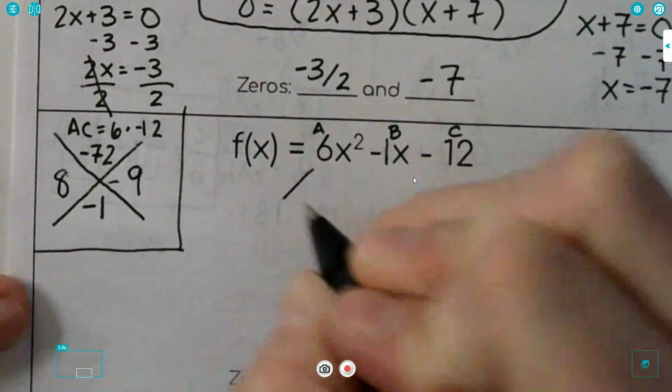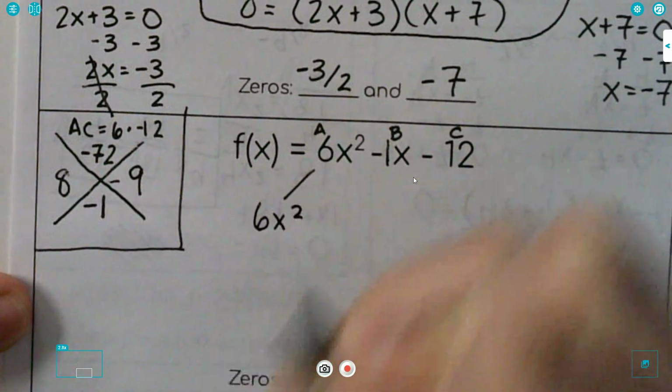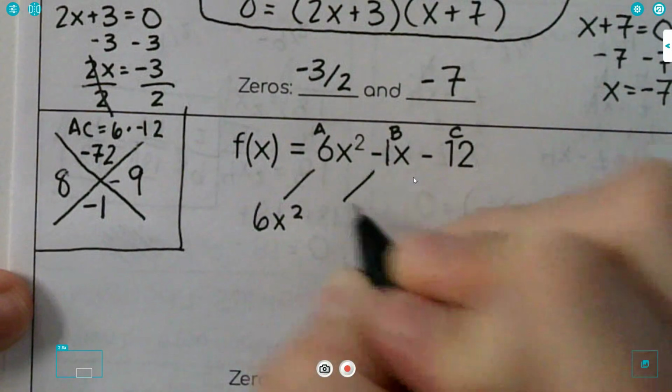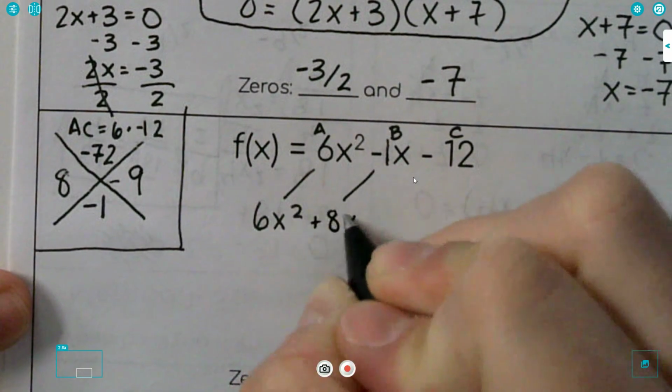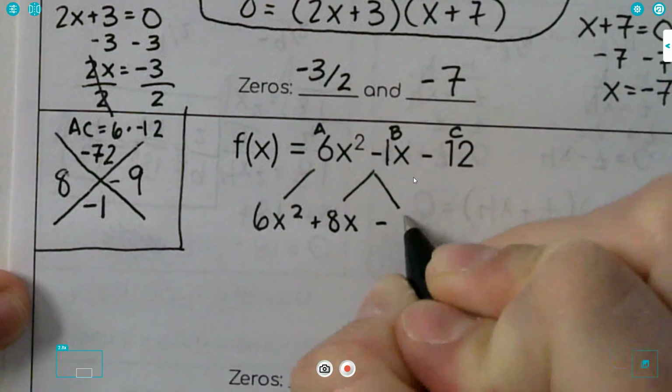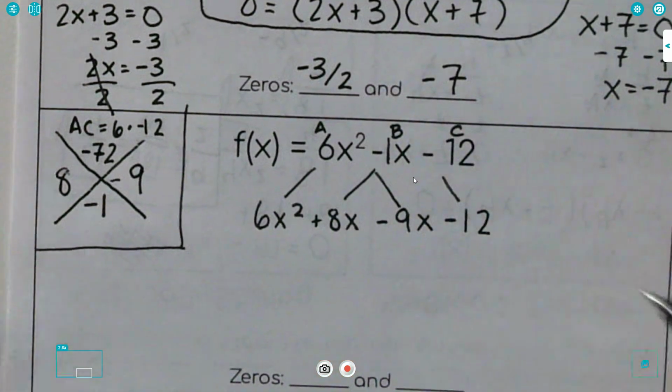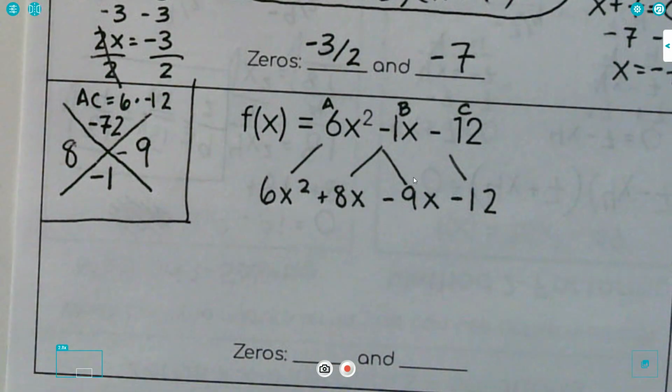Okay, so from there, we can split our middle term and factor. So 6x squared stays 6x squared. Negative 1x is splitting up into 8x, so plus 8x, minus 9x, and then I still have my minus 12. All right, 6x squared plus 8x.